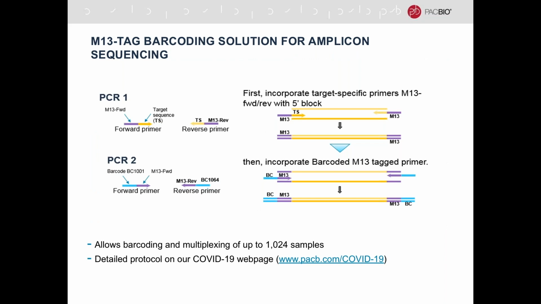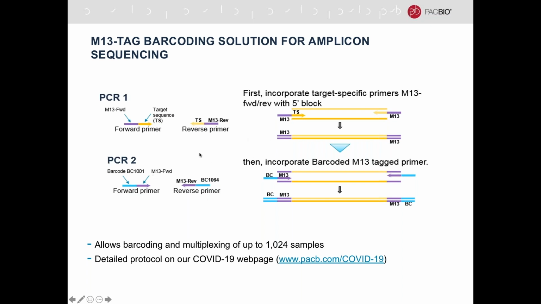I mentioned the M13 tagging, and for those of you who aren't familiar with our barcoding methods, this involves adding an M13 short sequence to the target-specific sequence in the forward and reverse. And so when you've done the initial first round of PCR, you amplify, of course, the targeted sequence.